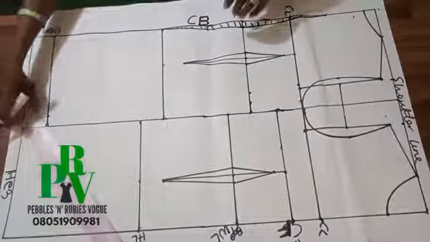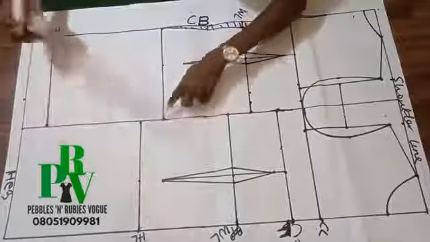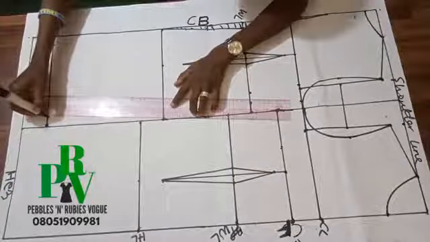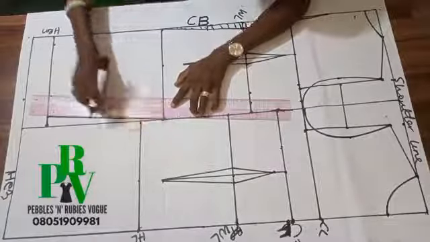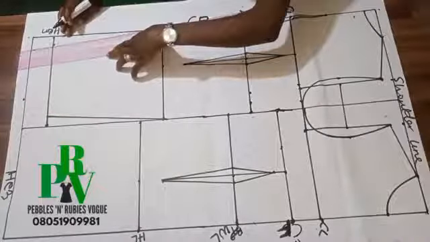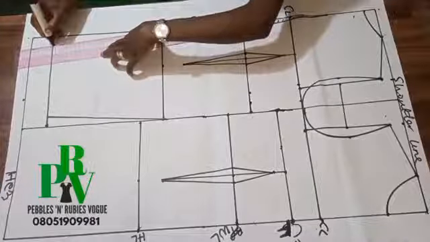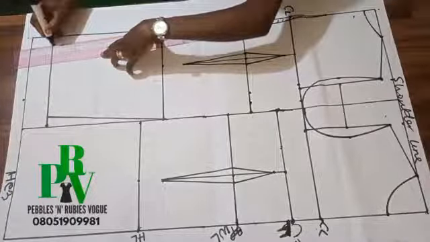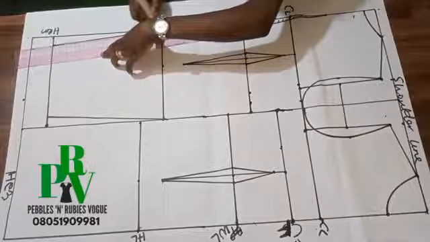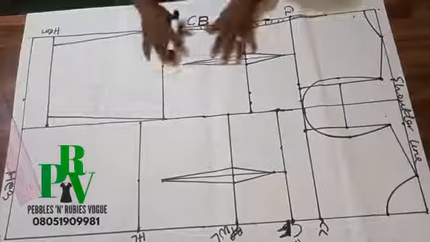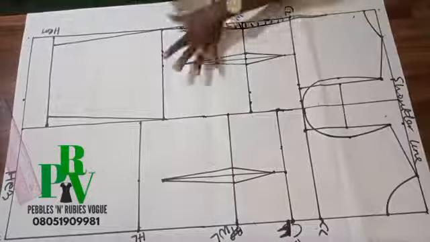And then I'll connect this 1 inch here to the hip line, like so. And then here, also, I'll connect it to the hip line. So here we have our back block set.